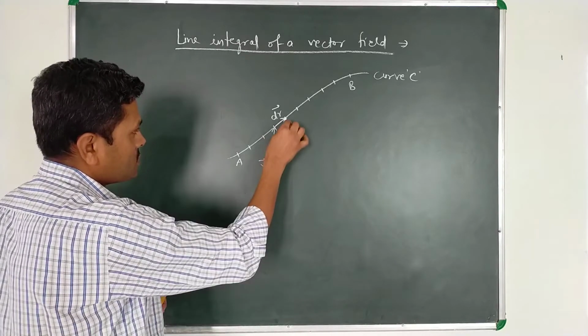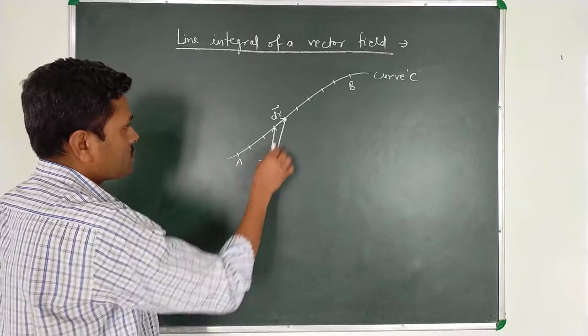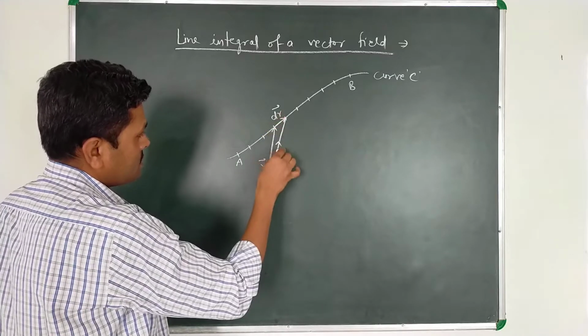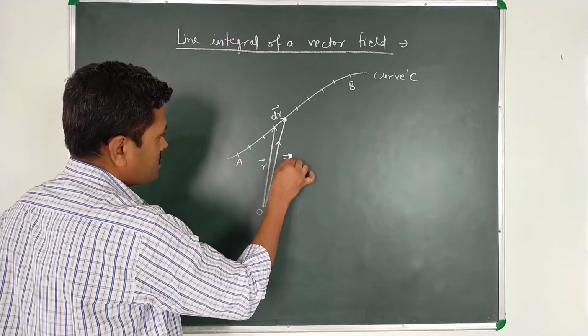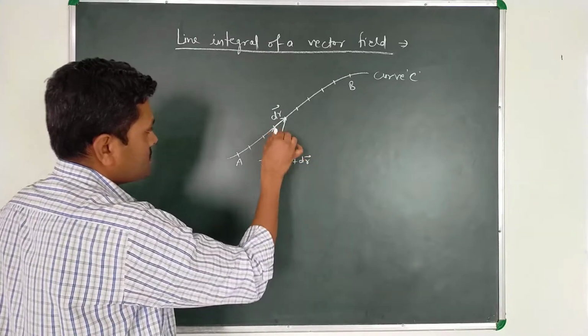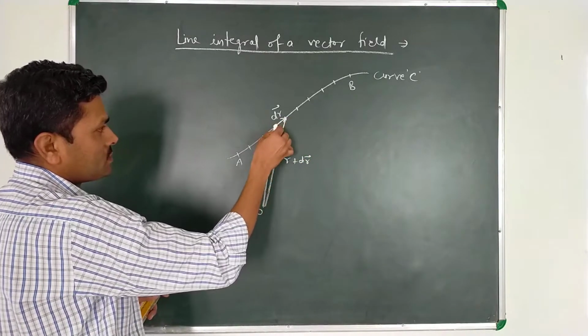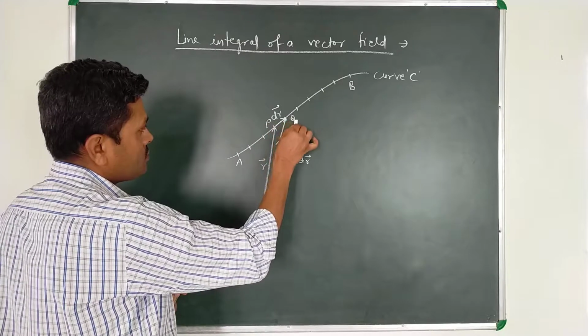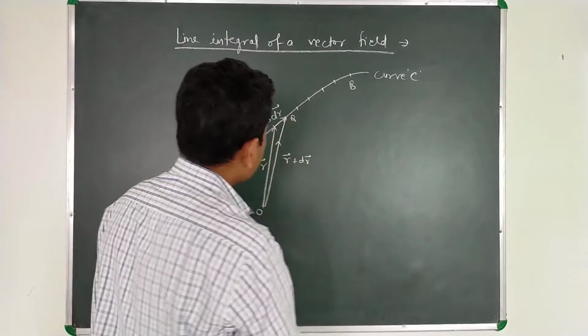Here it is the origin. The position vector of this point is r plus dr. That's why I have taken this vector PQ as vector dr.